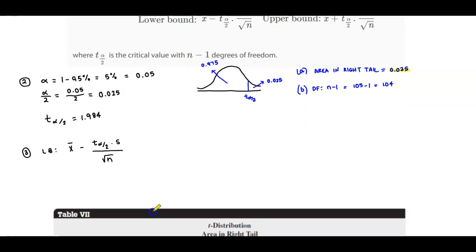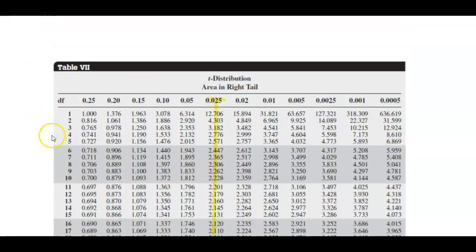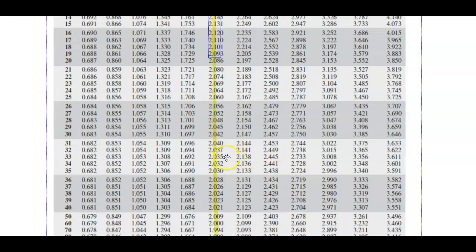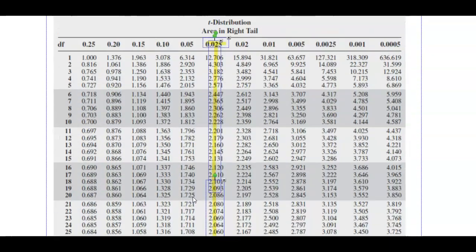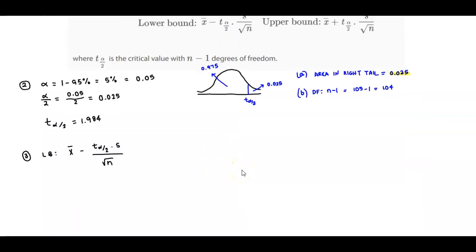So we know that our mean is 5.6, and we're going to subtract the critical value of 1.984 times the standard deviation of 13.5, and then divide that by the square root of the sample size, which is the square root of 105.